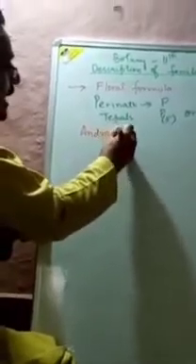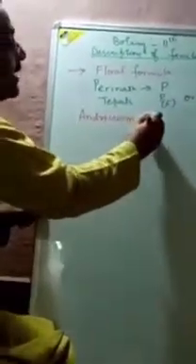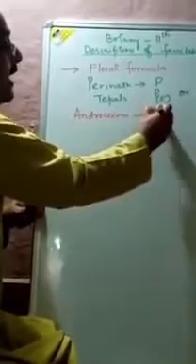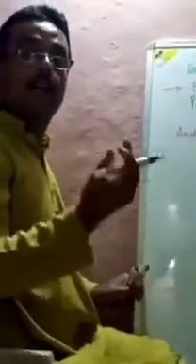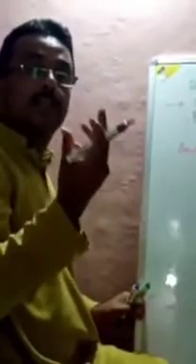androecium. Androecium, that is the male reproductive organ. It is written as A. Same procedure, the number of stamens, how many stamens there are, whether it is 1, 2, 3, 4, the number of stamens.